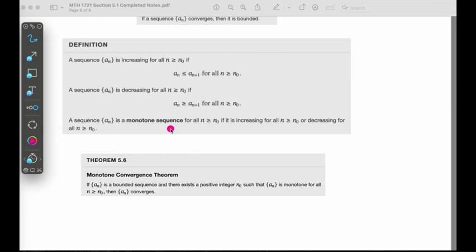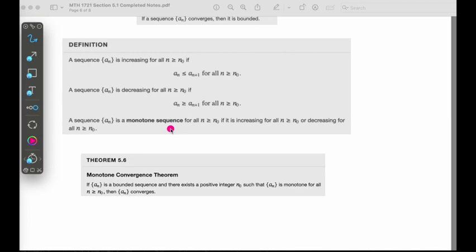So if it's a monotone sequence, each subsequent term could be equal to or greater than the previous one. If it says it's strictly monotone, then it's only going to be greater than. It's never going to be equal to the previous term. So if you say that we have an increasing monotone sequence, that means the sequence of terms is getting bigger, or each term is equal to the next.